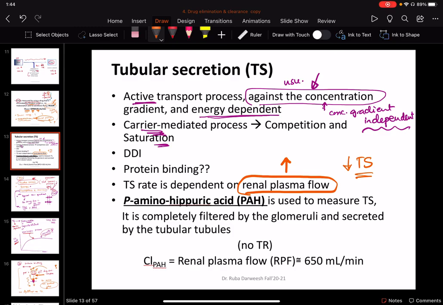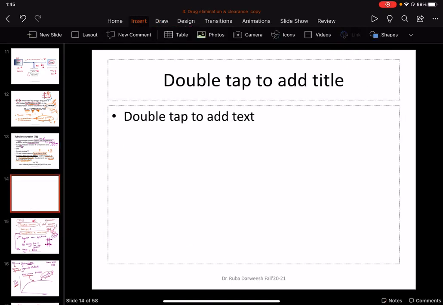As we used inulin and creatinine for the glomerular filtration rate measurement, we need to measure tubular secretion with a material that is completely filtered through glomerular filtration and secreted through tubular secretion.